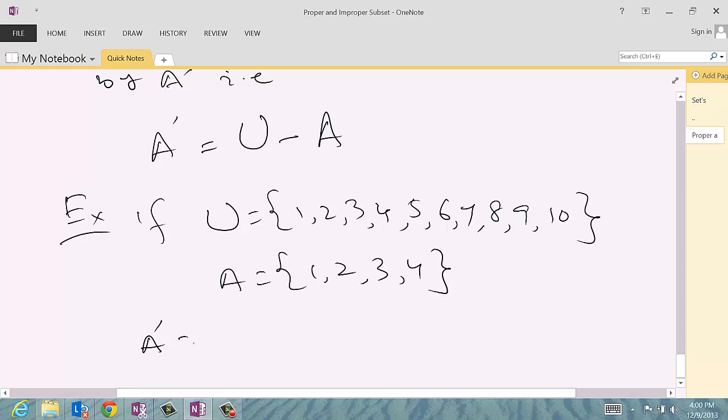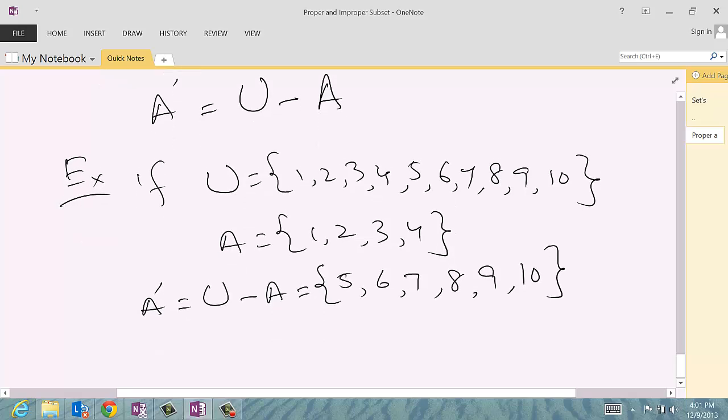A complement is equal to U minus A, and this set is going to consist of those elements of U which are not in A. So definitely 1, 2, 3, 4 are not going to be there. What is going to be there is 5, 6, 7, 8, 9 and 10, because these elements belong to U but they are not in A.